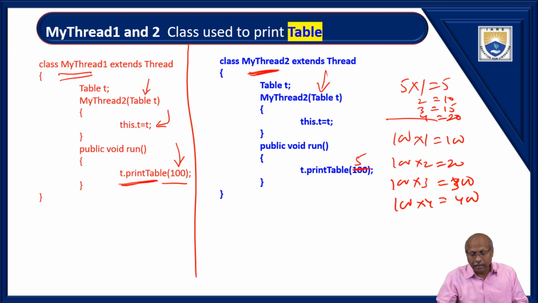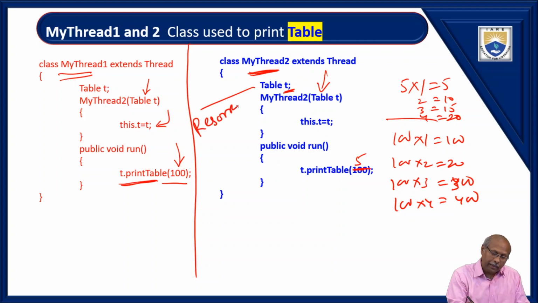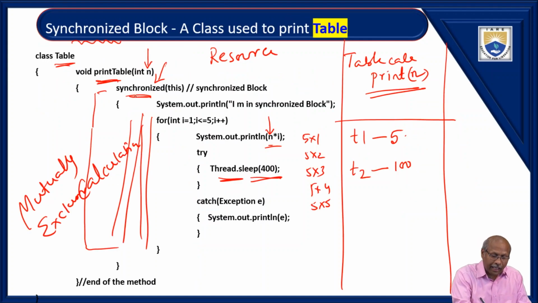Here, t is my object. This object is my resource. This resource has a synchronized block. When I enter this synchronized block, I do my task. What task? Repetition.